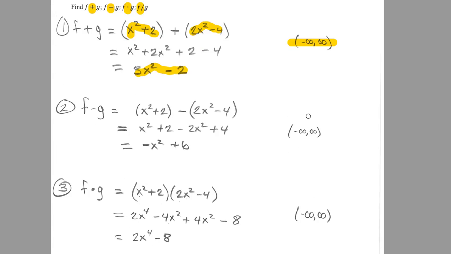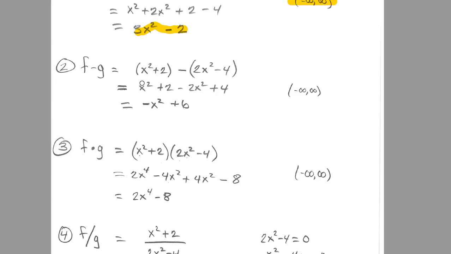Now let's do f minus g. This is f, and I put it in parentheses, minus, that's this minus, then g, and I put that in parentheses. X squared plus 2, and then I distribute this minus. So minus times 2x squared is minus 2x squared.